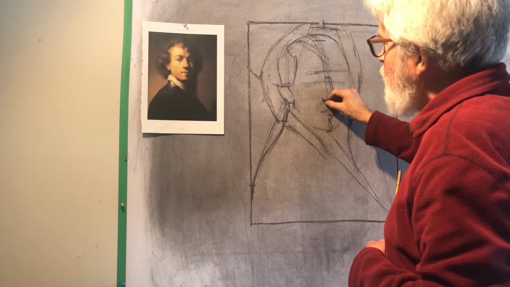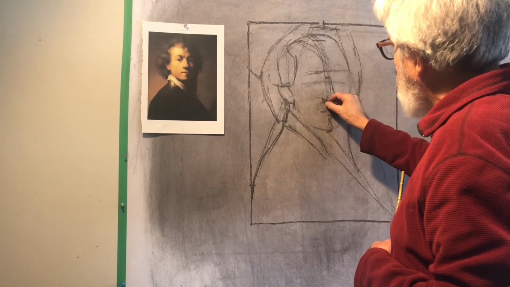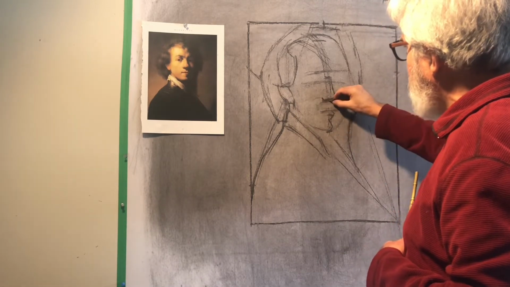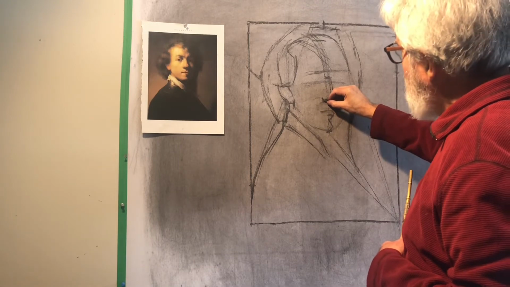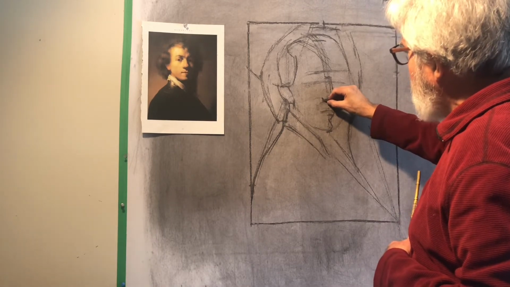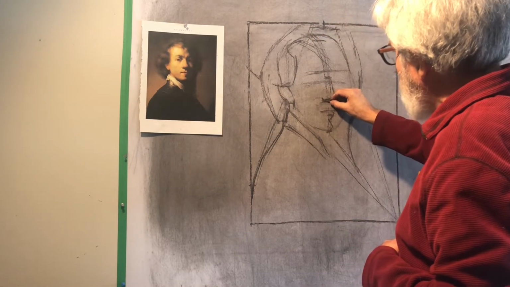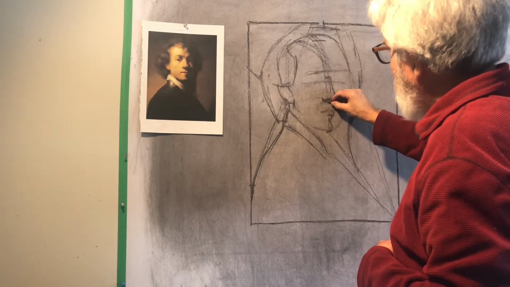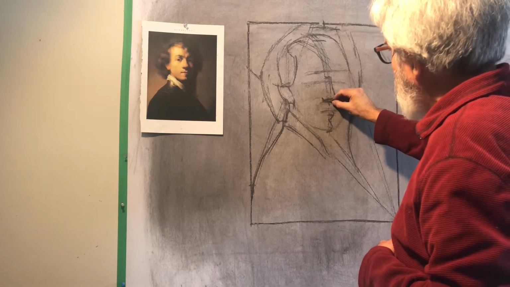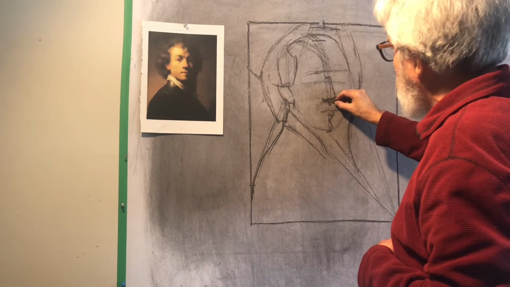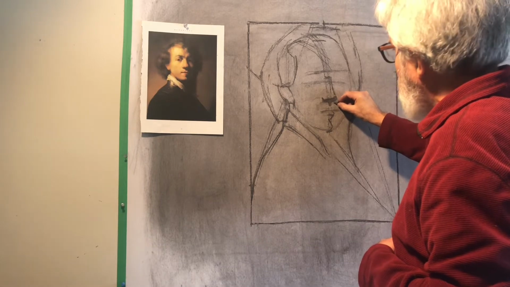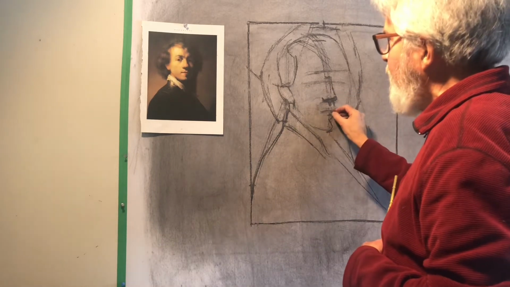So I'm going to connect that. I'm going to watch a little bit of this shadow shape. And underneath the nose, you see a strong shadow edge going this way, a little bit of a cast shadow under the nose. And then under that, connected to the philtrum, it's going to move into the philtrum and then around and down the other side.